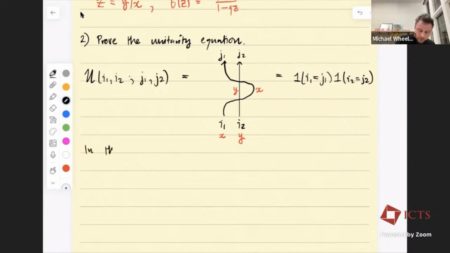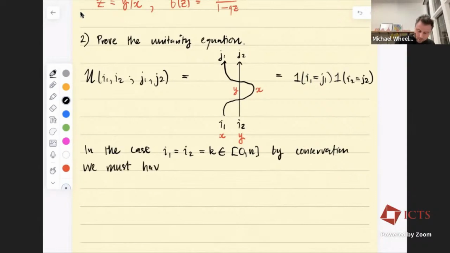The first thing to consider is the case where I1 and I2 are both equal, I1 equal to I2 equal to K, say, where K can be any color in the set 0 up to N. So in this case, by conservation of colors, we must have that J1 is equal to J2 is equal to K. If that's not true, then the partition function will vanish.